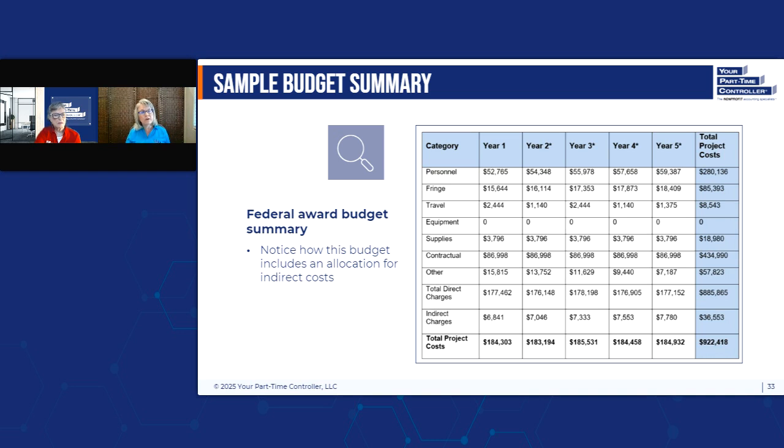And if any of you have ever prepared a budget summary for a federal award, this format will look familiar. Note the line for indirect costs. And reminder, unless you request to include indirect costs in your award budget, many agencies will not allow them once the award is issued.